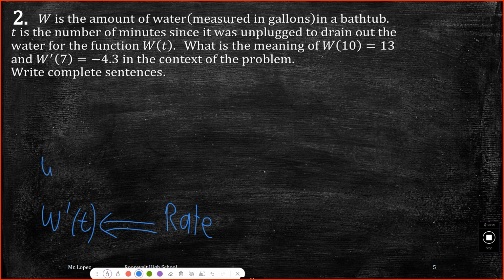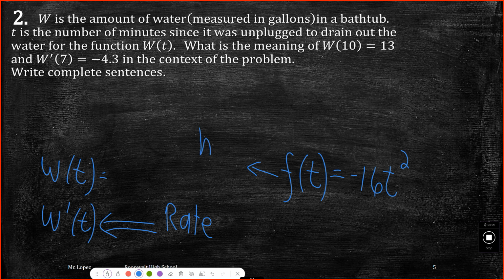And when we're saying W of t, it's just kind of like a measurement of something, like when we say function of t, say for example, f of t equals negative 16t squared. This right here, without the prime, could be measuring height or length, some kind of just not a rate.